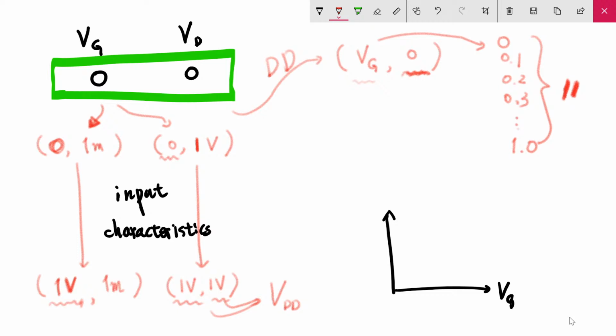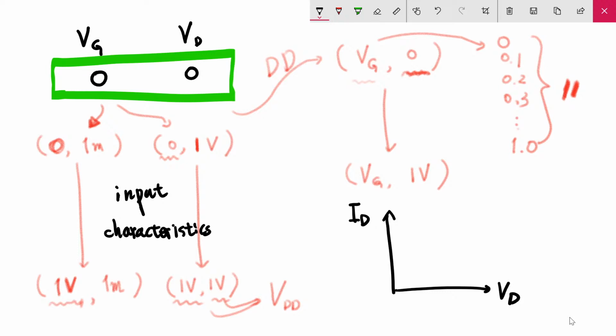After that, just follow the same rule for increasing another terminal voltage, like so. Now drain voltage is increased up to 1 volt. In this case, instead of Vg as the x-axis, now we have Vd as the x-axis, and here we have id. Yes, id is still there.